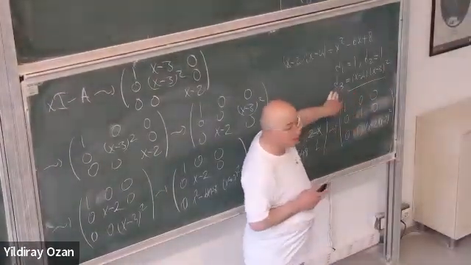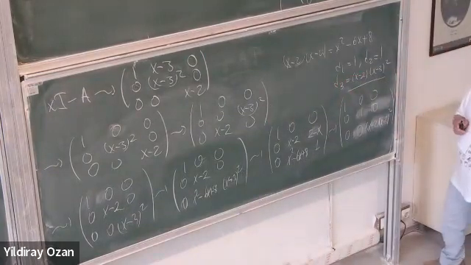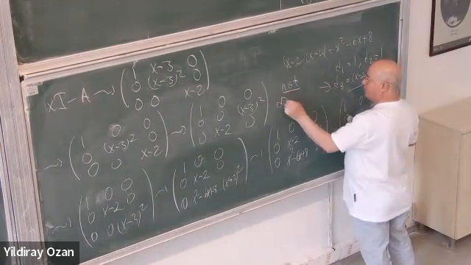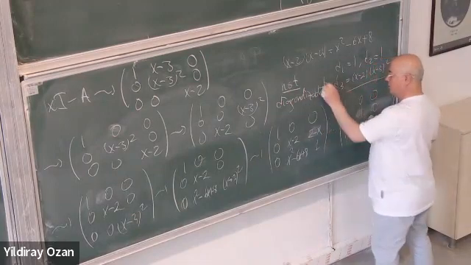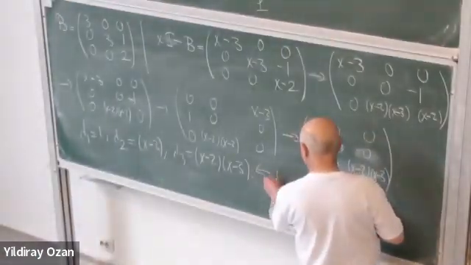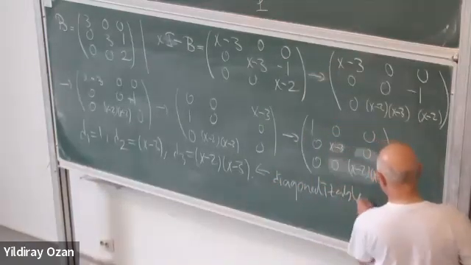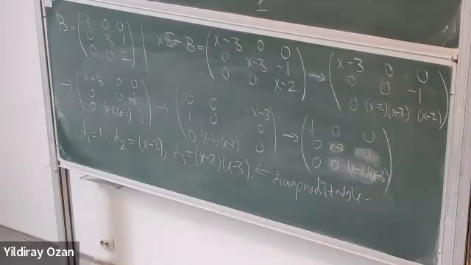This matrix is not diagonalizable because the minimum polynomial is not a product of distinct linear factors. So not diagonalizable. Okay. But here, this guy is diagonalizable. So although these two matrices look very similar, they are not similar. Okay.